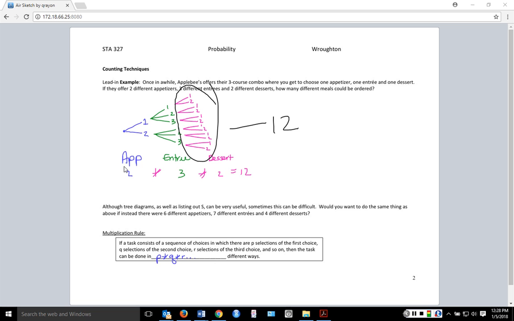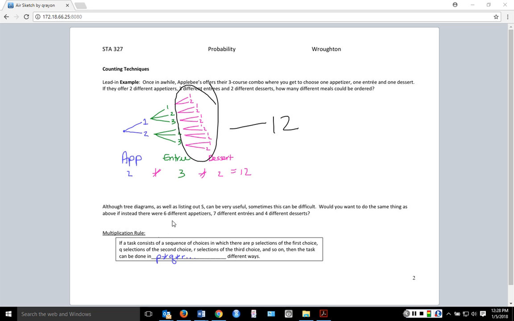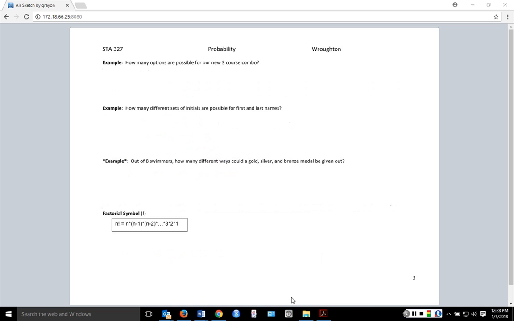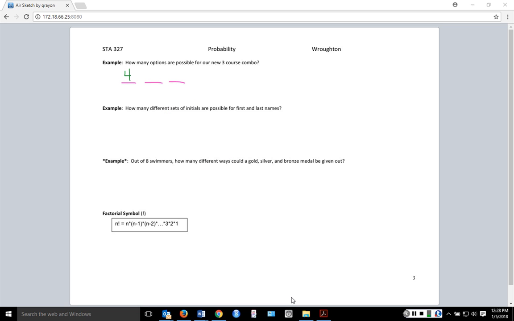So let's see how that works with a couple of examples. So how many options would be possible for this new 3-course combo that I talked about here with the 6 appetizers, the 7 entrees, and the 4 desserts? Right, so for my appetizers, we now have, oh, sorry, I might have missed with that, 6 choices there.